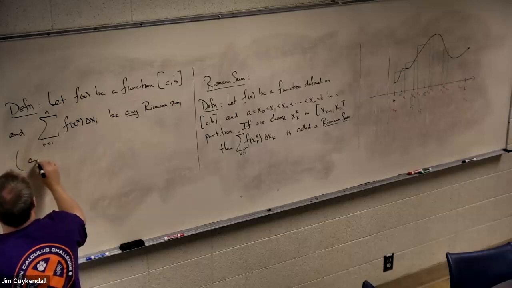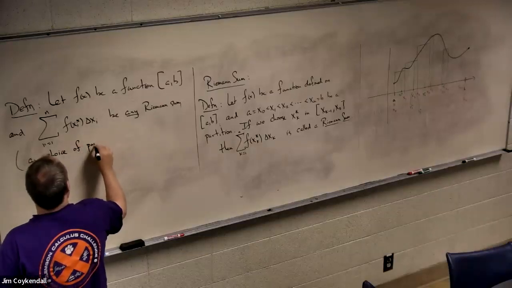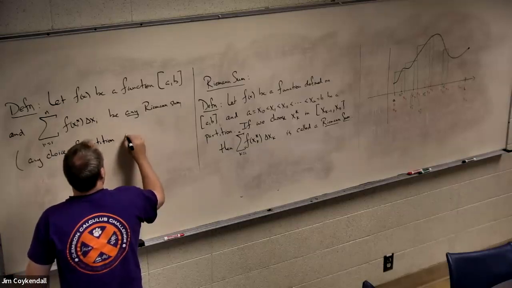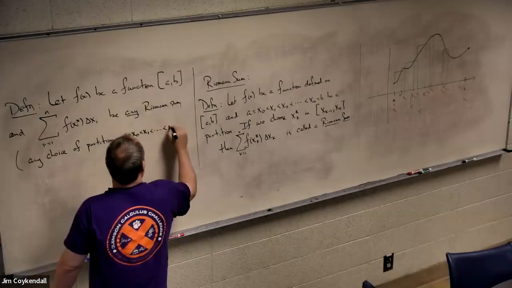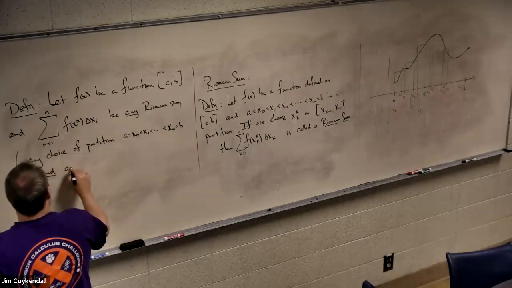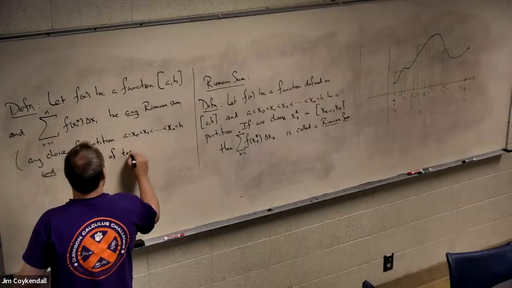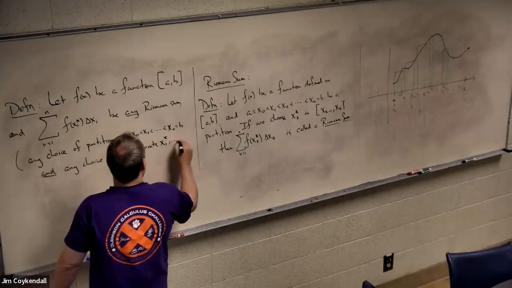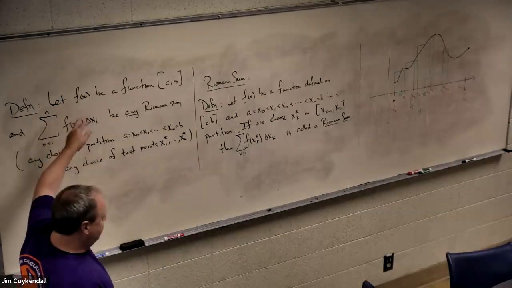That means any choice of partition and any choice of test points, x1 star up to xn star. So this could be any Riemann sum. You come up with any partition.